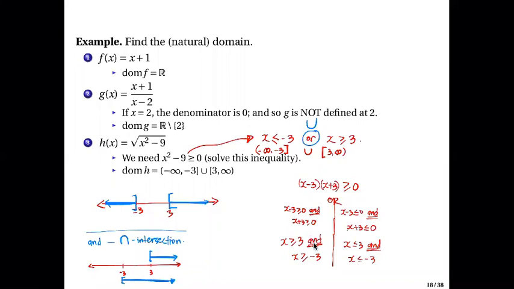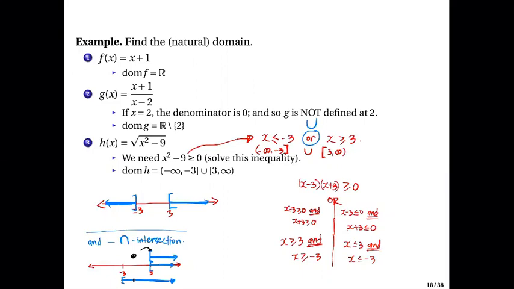And the word "and" here tells us that these two guys must be both satisfied. So it must be x greater than or equal to 3 and x greater than or equal to negative 3. And graphically, this is that part. Like how I illustrated before, if I get an x in here, I don't get an x coming from this set.